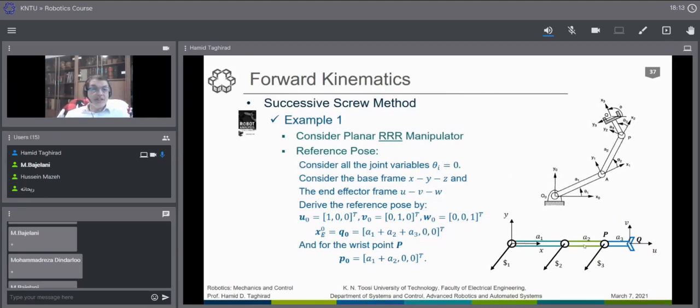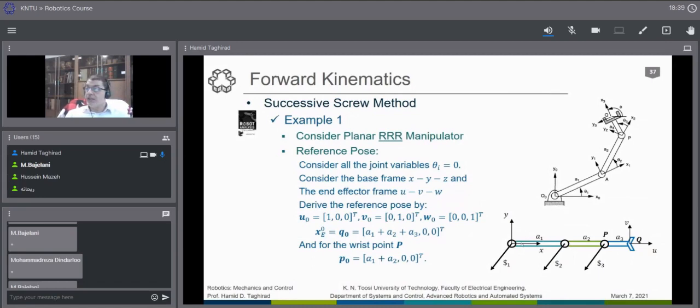This could be for 5, 6, or more variables as we wish, but we consider all the joint variables to be 0. We call it a reference frame or a reference position, or in robotics also a home position. It is a position that we consider starting the motion from.